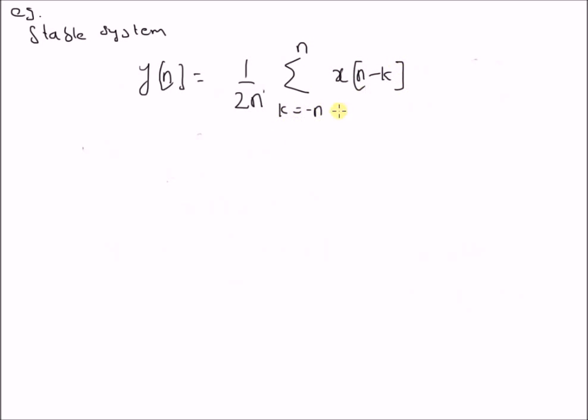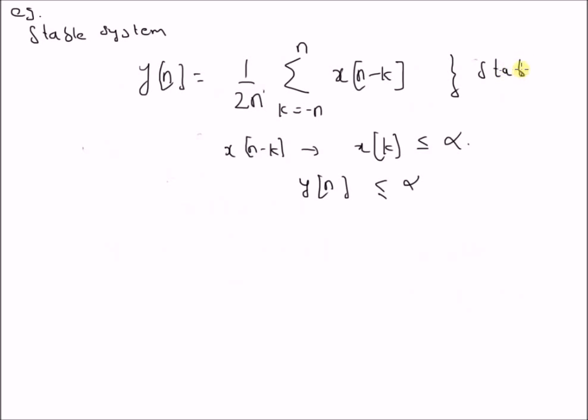This is basically an averaging filter across a window from minus N to plus N, and this system is always stable because if the value of the input x of n minus k, which is basically a delayed version of x of k, is bounded by a value alpha, then because of the system transformation, y of n is also bounded by the value alpha. Therefore, the system is always a stable system.